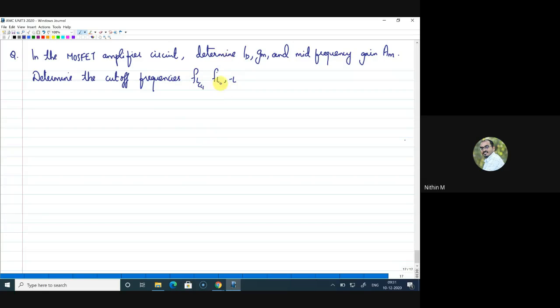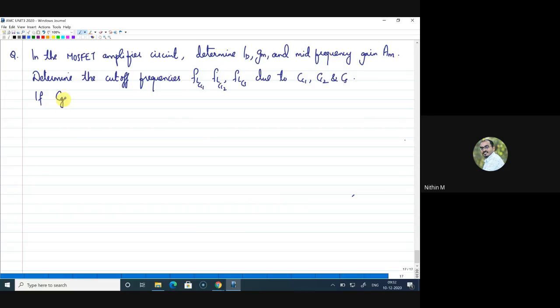I'll just write it as FL due to CC1, FL due to CC2 and FL due to CS. These cutoff frequencies are basically determined by the coupling capacitors. That is why I wrote CC1, which is on the input side, CC2 on the output side, and CS the bypass capacitor. So due to CC1, CC2 and CS.